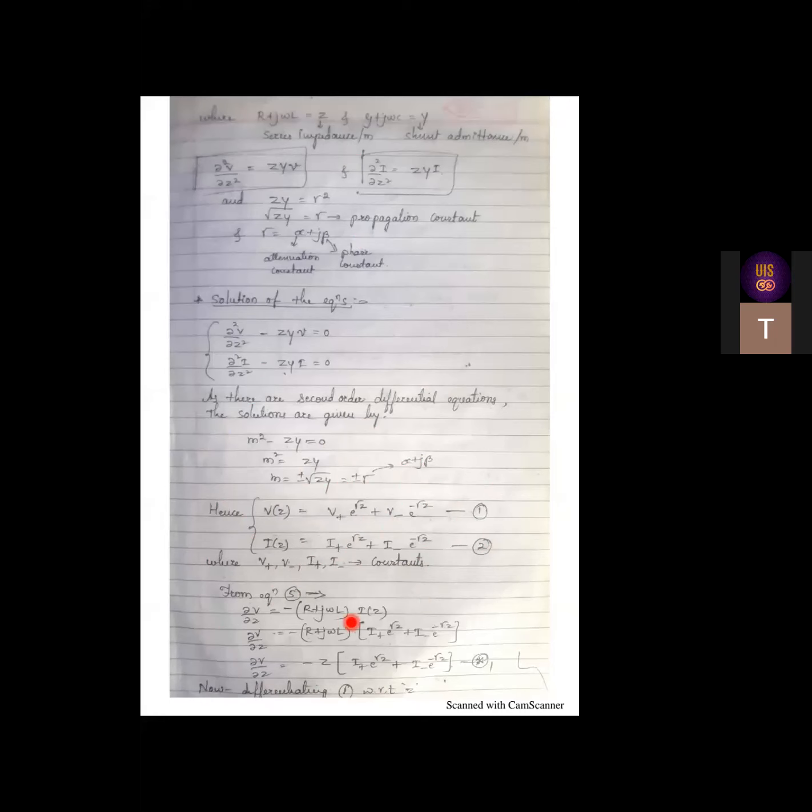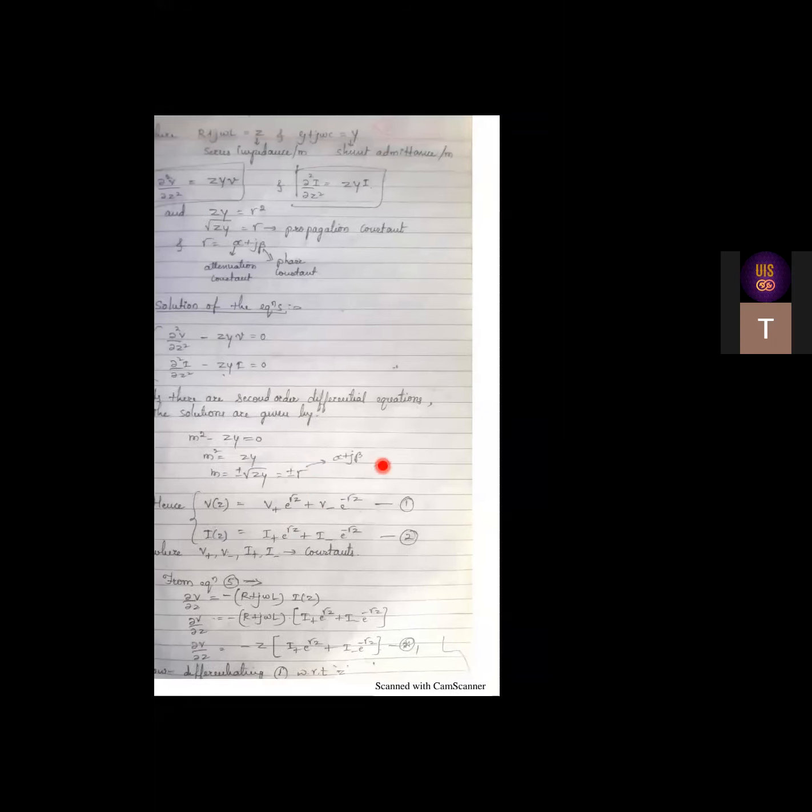Whenever we go for finding a number of unknowns, it is convenient if we have two equations, we can find two unknowns. If there are three unknowns, we should have three equations. Likewise, we have two equations, V and I. But however, how many constants are there?